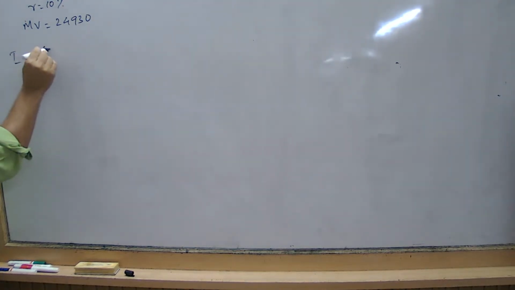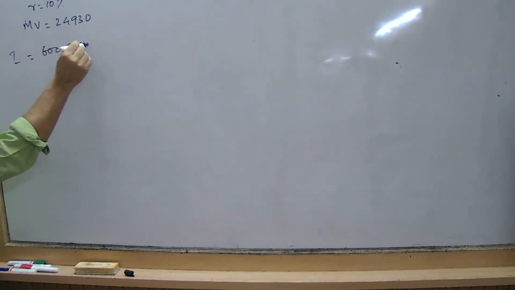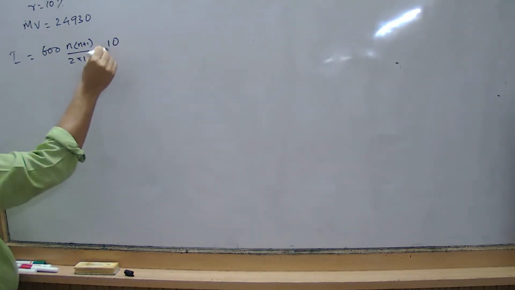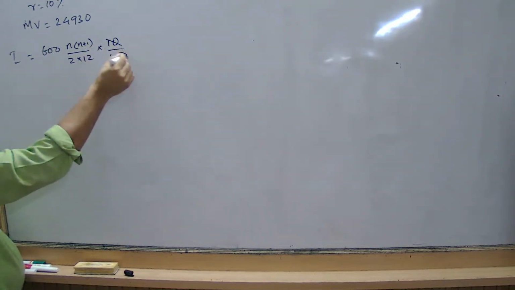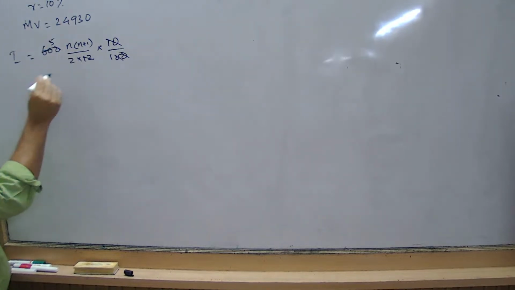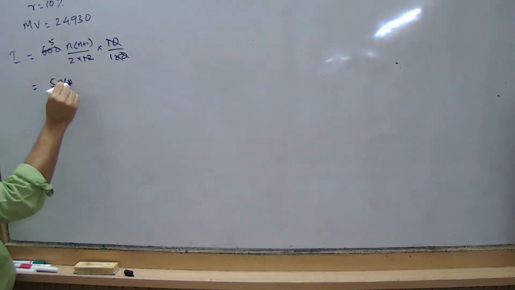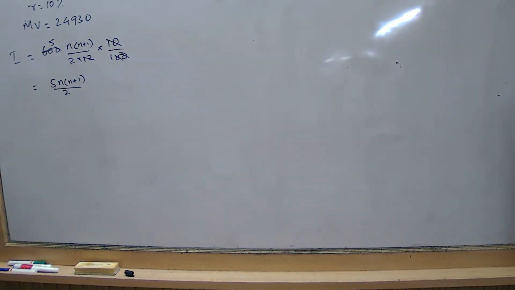The interest is P into n into n plus 1 divided by 2 into 12 into 10 by 100. This is the thing all of you wrote first? Yes or no? 600, 12, 5. Therefore, don't make it into decimal: 5n times n plus 1 divided by 2. Is it the formula value you got for interest? Yes, sir. Was it 2.5?